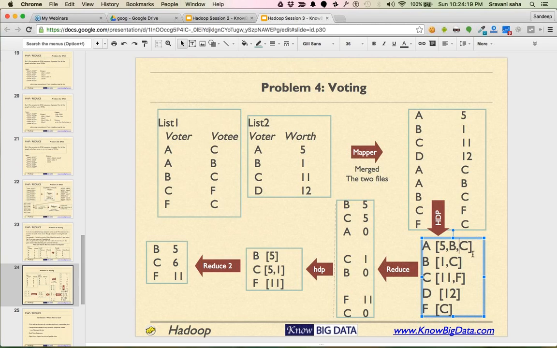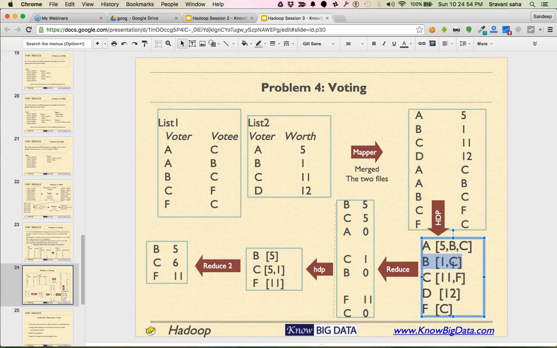Now, as part of the reduce in this phase, what exactly are we doing? Reduce will be presented with the key and these values, and in the reduce code, we will mention the worth of people. Because A has voted for B and C and A's worth is 5, therefore B will get 5, C will get 5, and A gets nothing because of voting.